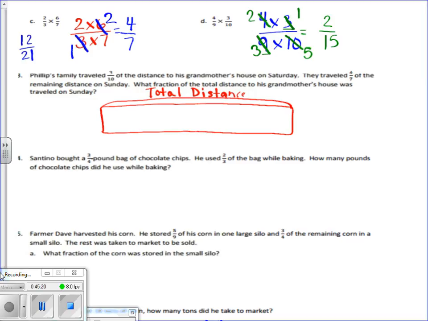So, how many pieces is my tape diagram going to need? 10. Because they traveled 3/10 of the distance on Saturday. So it's going to be 10. So 1, 2, 3, 4, 5, 6, 7, 8, and 9.